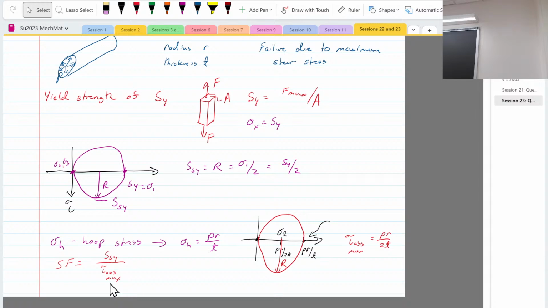I plugged in the current into that, isolated this and solved for this variable. So we have P, we have PR, both of these. This is what we need, this is what we have. You do what we need over what we have.